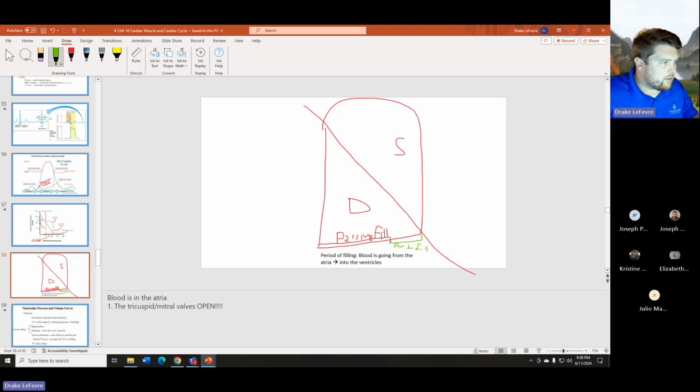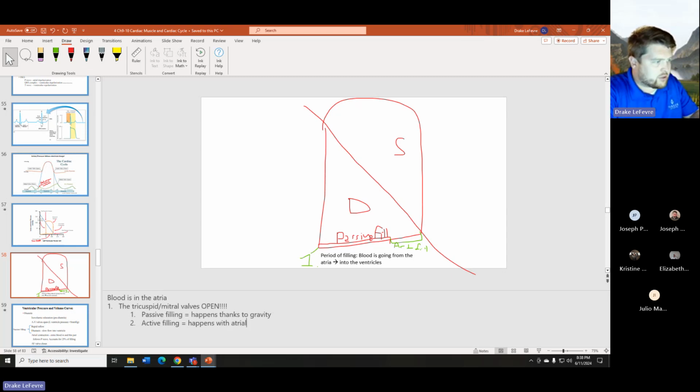So 1, this spot right here is 1. The tricuspid and mitral valves open, and we get passive filling. Passive filling happens thanks to gravity. And then we get active filling for the last little part.